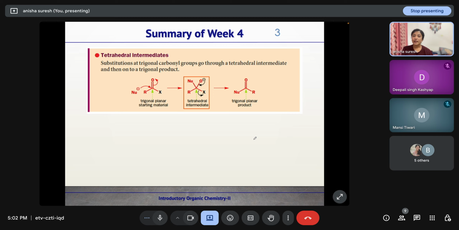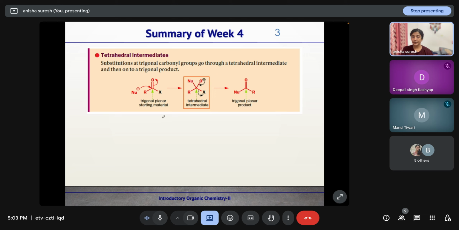Now, regarding the structure, carboxylic acid and its derivatives have a trigonal planar geometry. Substitutions at trigonal planar carbonyl groups go through a tetrahedral intermediate and then onto a trigonal product. The starting material is trigonal planar and the product is also trigonal planar, but during the reaction it goes through a tetrahedral intermediate.